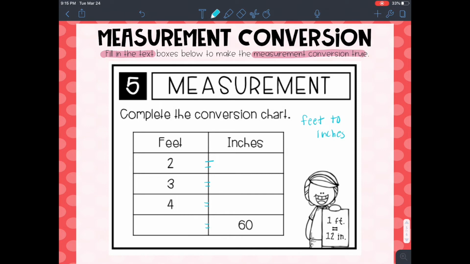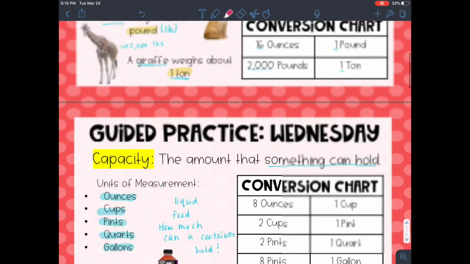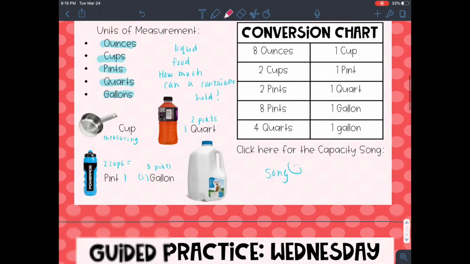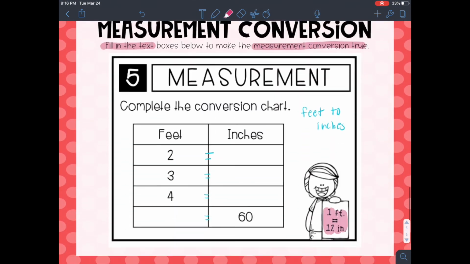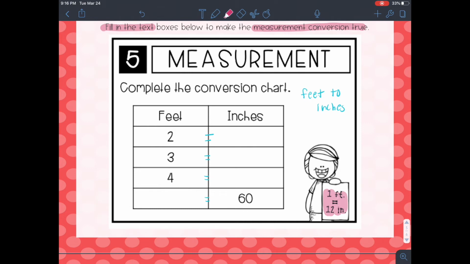I'm going to be using an input-output table for this, and I'm recognizing that I'm going from feet to inches. It tells me right here 1 foot is 12 inches, but you can scroll back up to the top to where it says length, and I can see in my conversion chart that 12 inches is equivalent to 1 foot. So if I know 12 inches is 1 foot, I need to figure out how many inches are in 2 feet.